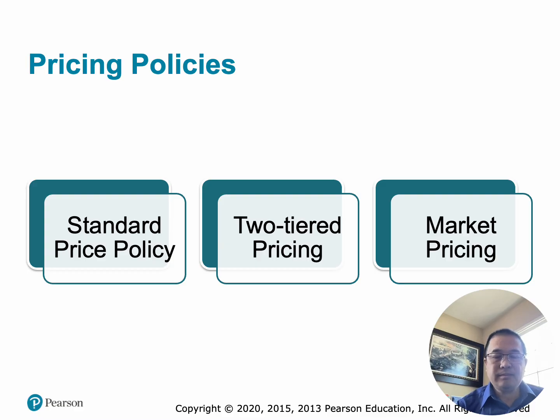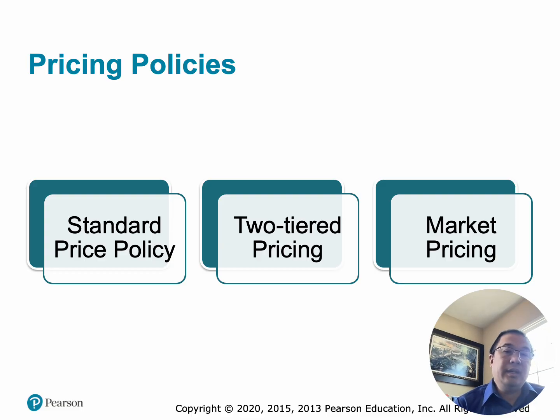Number three, market pricing. A market pricing policy sets prices separately for each country based on local conditions. Factors considered would be customer income levels, competition, local demand, taxes, exchange rate, and cultural expectations.